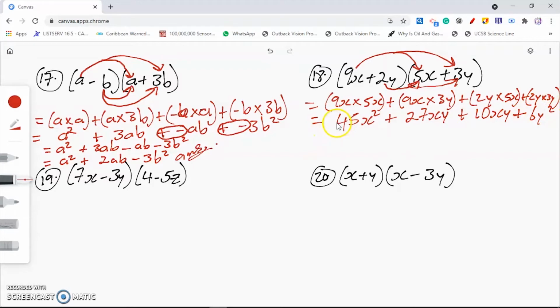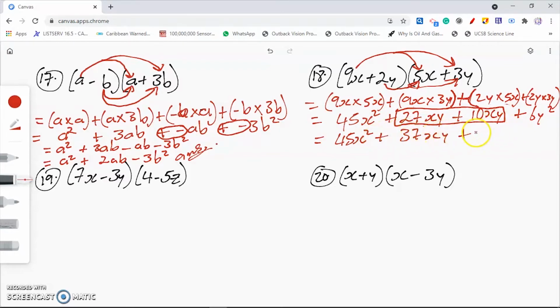Good. And we can simplify further. 27xy plus 10xy equals 37xy. So we will get 45x squared plus 37xy plus 6y squared. And that would be our answer there.